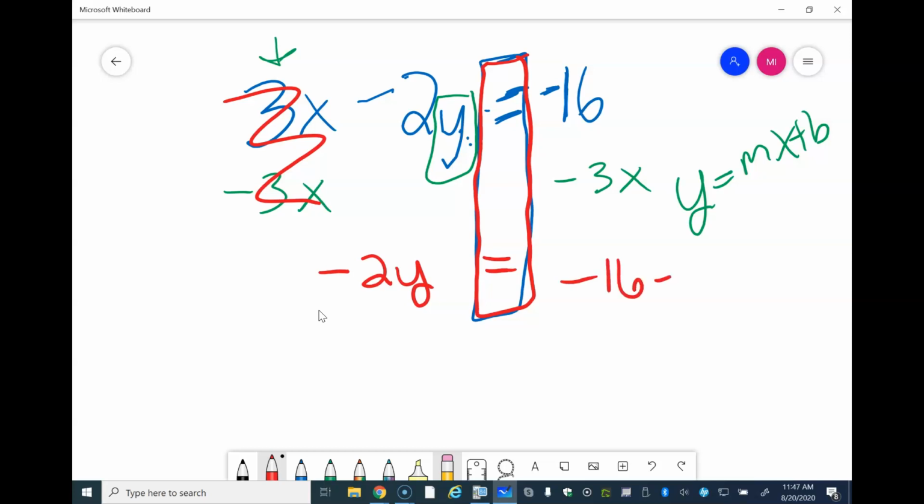Let's start off just doing it this way. Now understand we can't combine these two because the 16 does not have an x, so there's no combining like terms. We leave them separated. The next step is to divide by negative 2 to get rid of this 2, to each part.